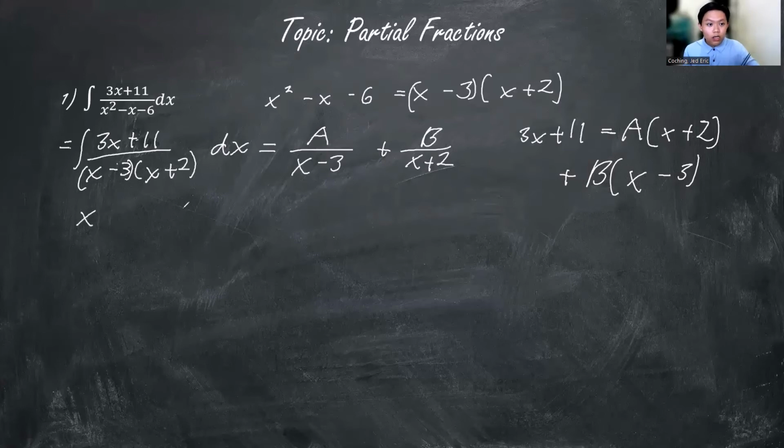For A, x is equal to negative 2. For B, x is equal to 3, as you can see here.